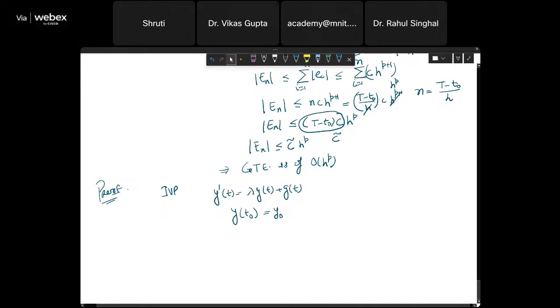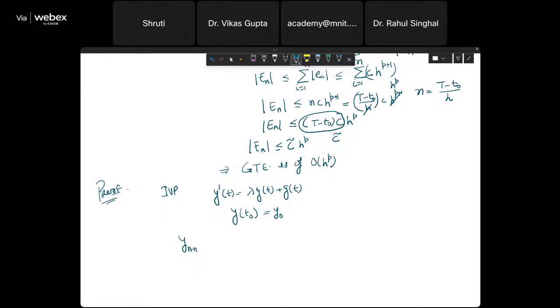Now apply the Euler method here. What approximate solution at step n plus 1 will we get? That will be yn plus 1 equals yn plus h times f at tn, yn. In short, let me write it as fn, it will be easier in writing.